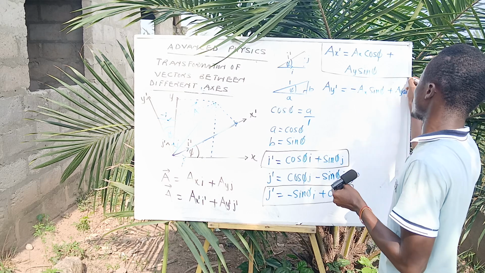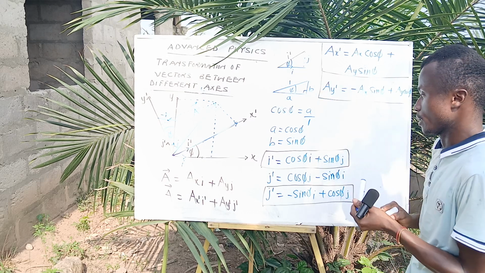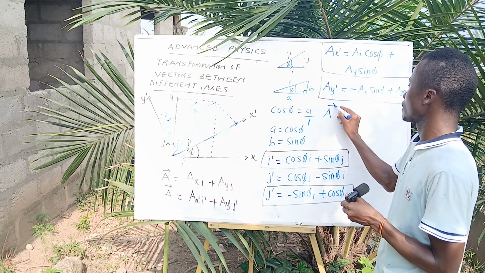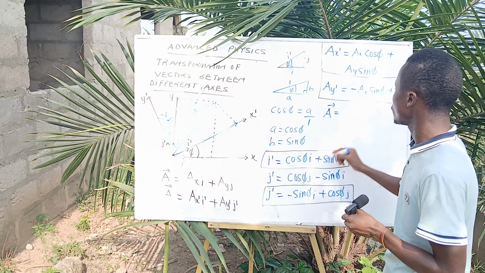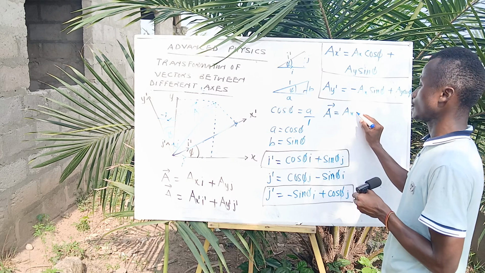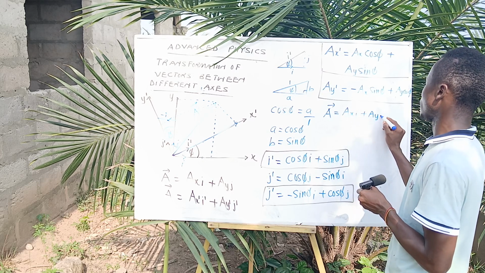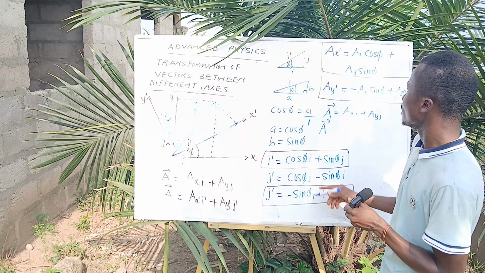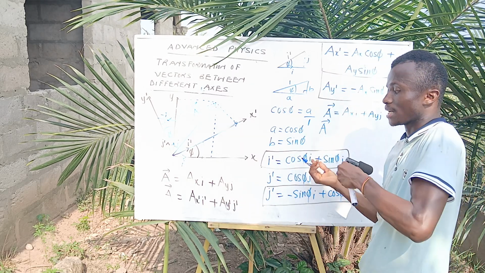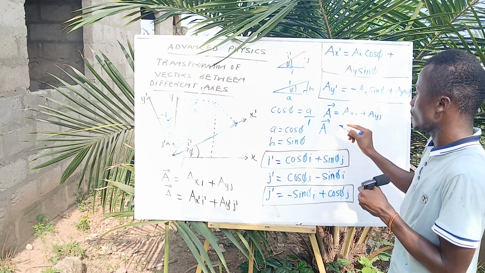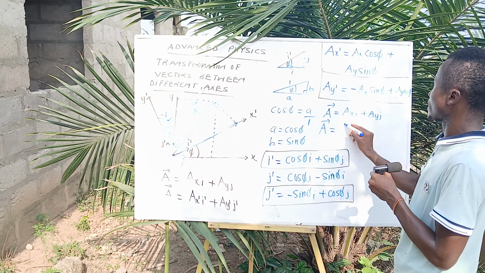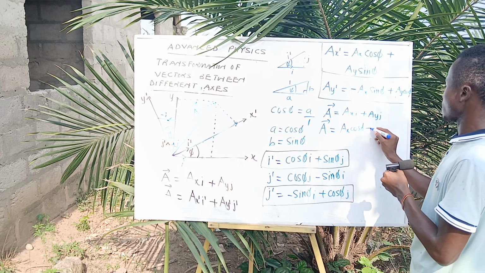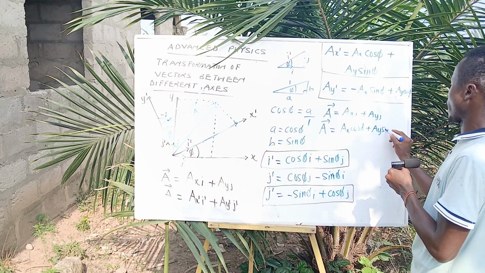And let me unbox this one too. They are really important. So the vector A can be written in terms of ax and ay, where you have ax I plus ay j. But in terms of ax prime and ay prime can be gotten when you are given ax, where ax prime is equal to ax cos phi plus ay sine phi.